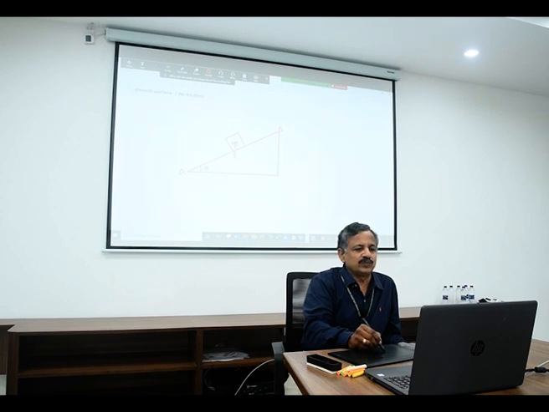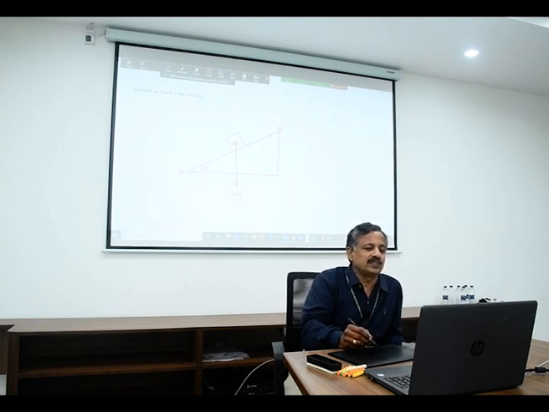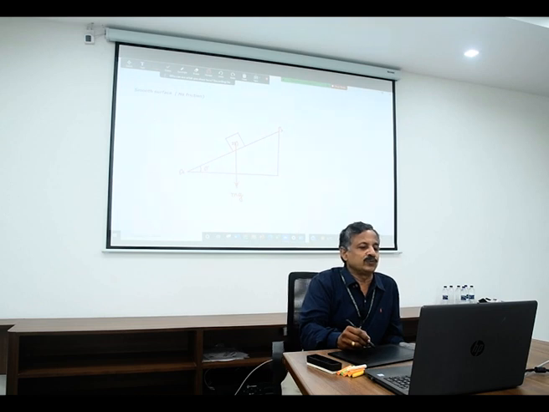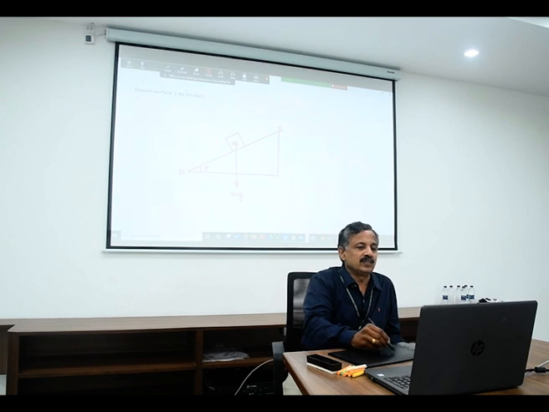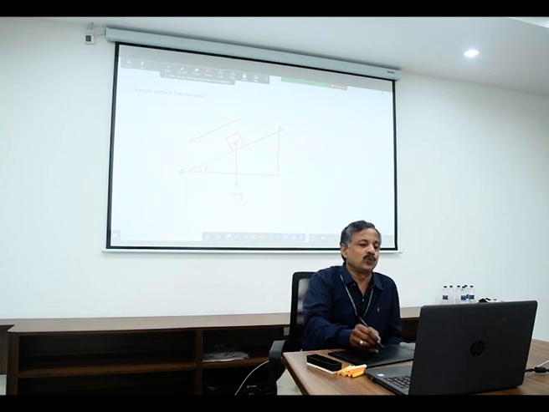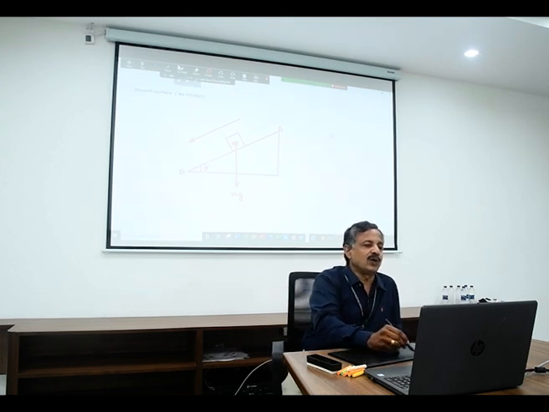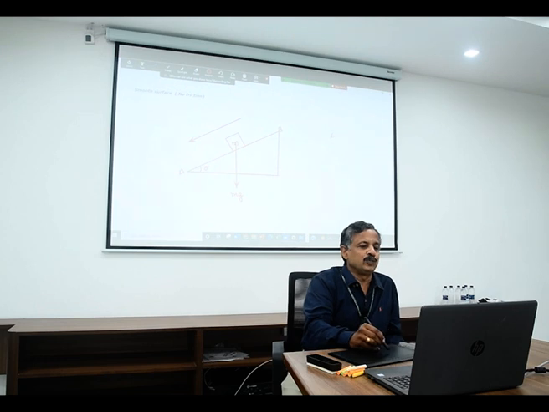So there is a force which is acting in this direction, and it's a natural force. So what is that force? Mass into acceleration due to gravity is weight. That is a force. But I expect the motion to happen in this direction. This is the direction in which I expect the motion. So there has to be a force in this direction. How to find it? Let us resolve the vector into its components.